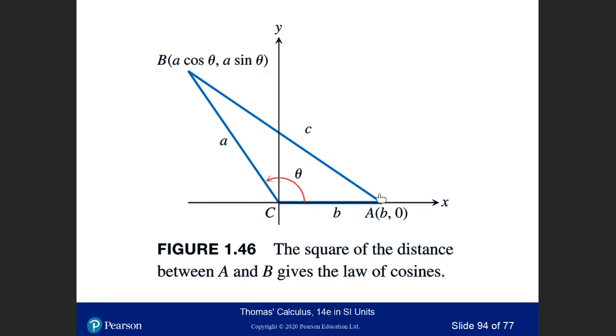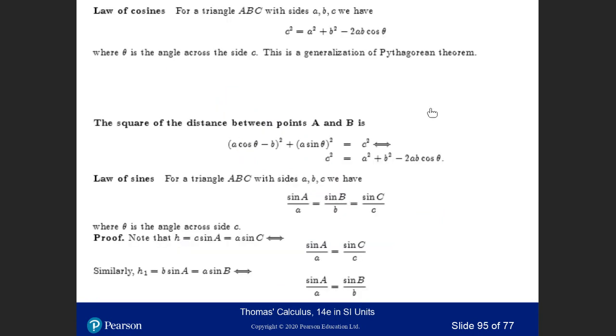And this distance from B to the x-axis will be, of course, a sine theta. So we can easily prove now the law of cosines.